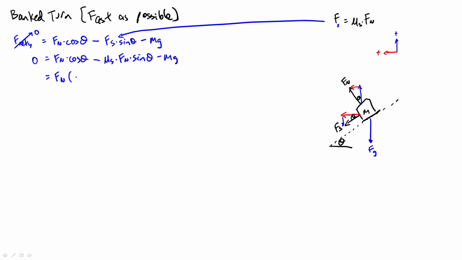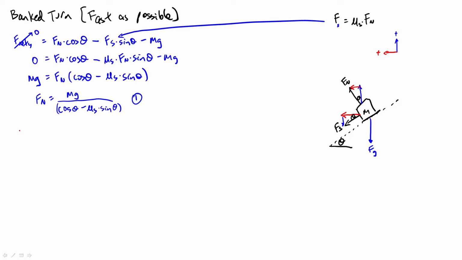So Fn open bracket cosine theta minus mu s times sine theta close bracket minus mg is equal to 0, or we can just simply bring mg over to the left hand side to give us a head start on this problem. That will tell us that if we want to solve for Fn, it's equal to mg divided by a bunch of stuff. And that will be our equation number 1.